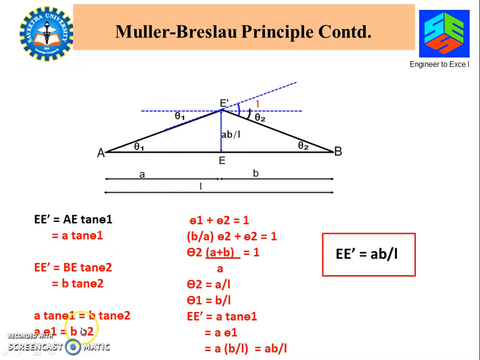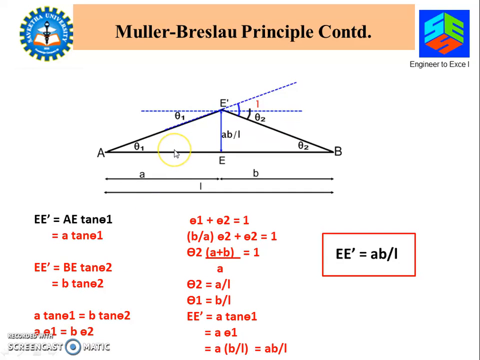A tan theta 1 is equal to B tan theta 2, and theta being small, tan theta 1 is equal to theta 1 and tan theta 2 is equal to theta 2. So at last the expression becomes A theta 1 is equal to B theta 2.